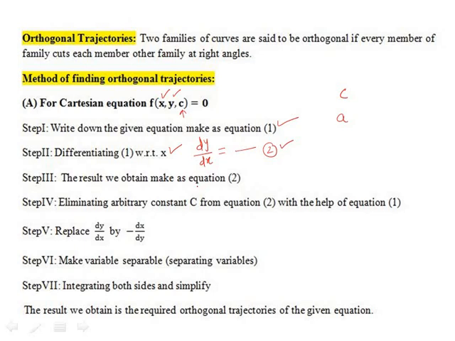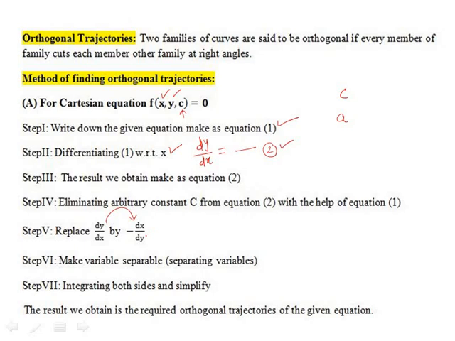It means we find the value of that arbitrary constant using equation 1, put that value in equation 2, and then replace dy by dx by minus dx by dy.